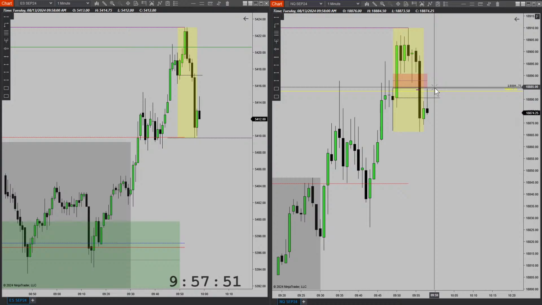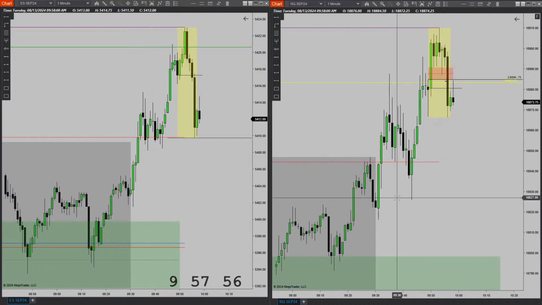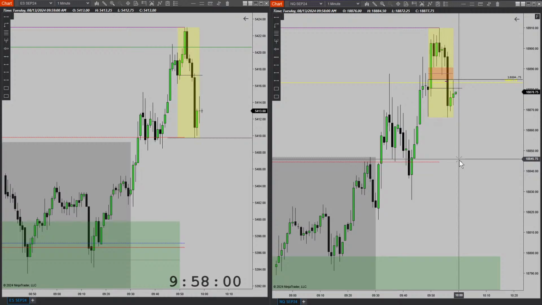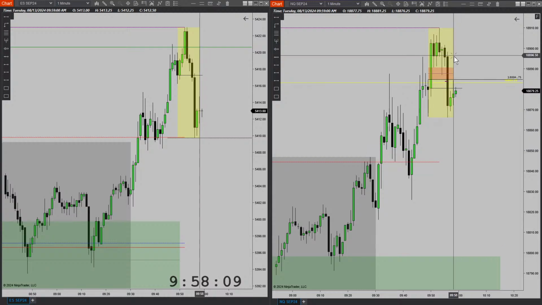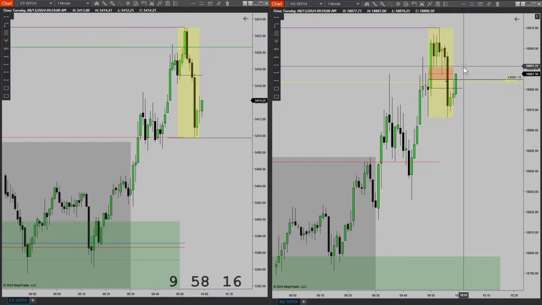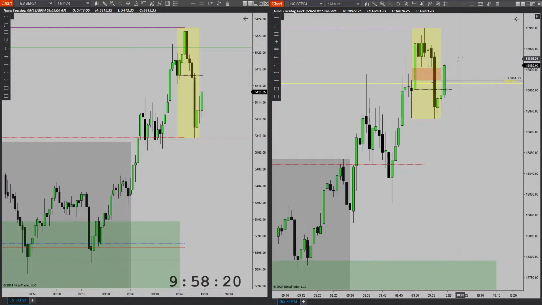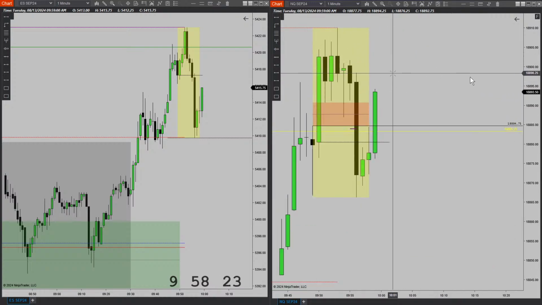These are micros, and with micros, I am looking for a bigger run than just these areas here. We might get a tiny sweep into this area. Okay, so that's all I'm looking for. If price closes above this area here, then I'll take my stop.